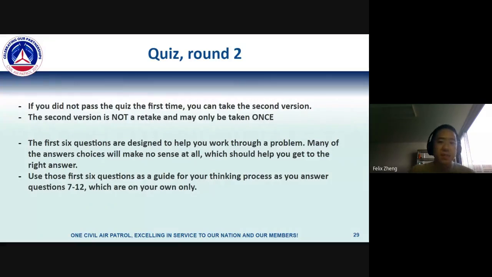So yes, going on. For quiz round 2, the first 6 questions are designed to help you work through the problem. We will have multiple choice answers for you to choose from, but some of them will be obviously wrong or just not very good options, and you'll be able to see that when we release the answer.